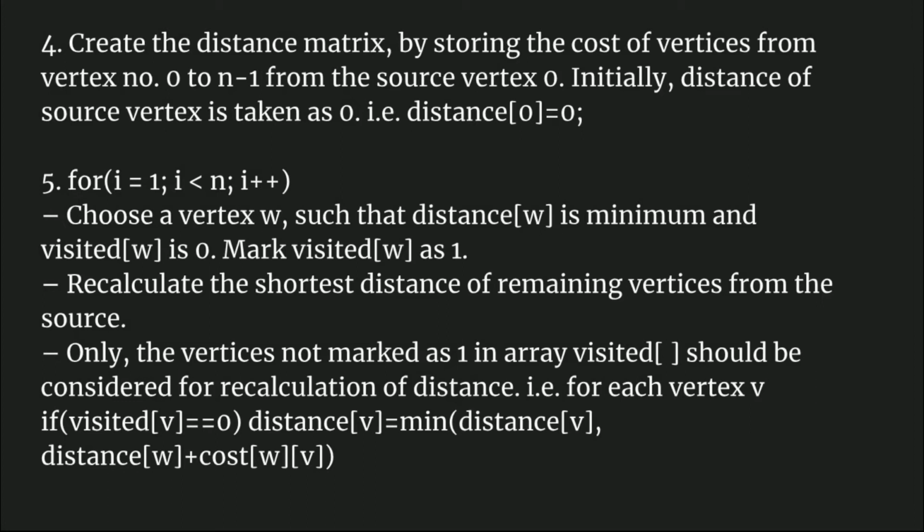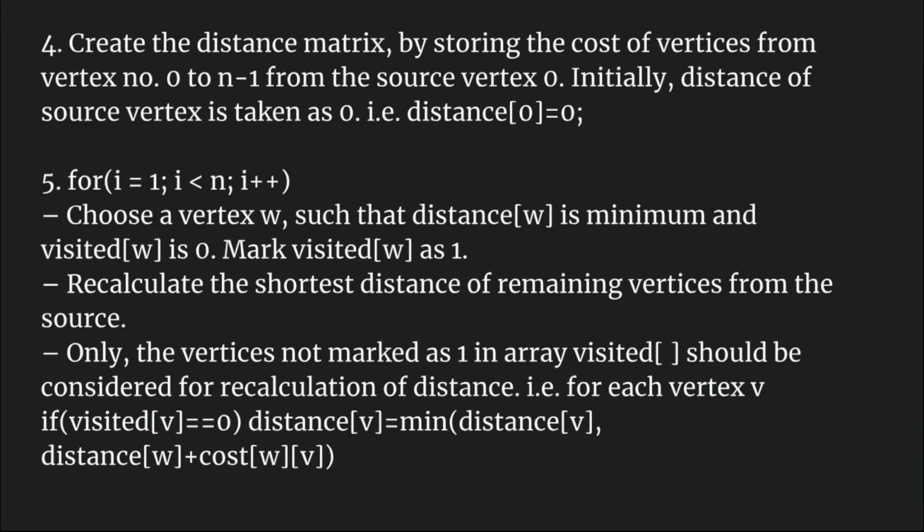Only the vertices not marked as 1 in the array visited should be considered for recalculation of distance, that is, for each vertex v, if visited[v] is 0, then distance[v] will be the minimum of two things, either distance[v] or distance[w] plus cost[w][v].